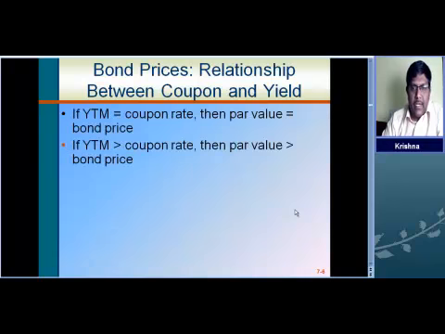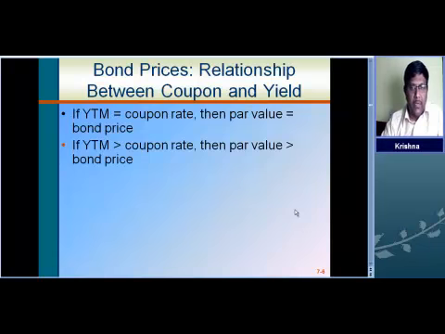We can slightly understand the relationship between the coupon rate and the yield rate. If the YTM is equal to the coupon rate, then obviously the par value is equal to the bond price.